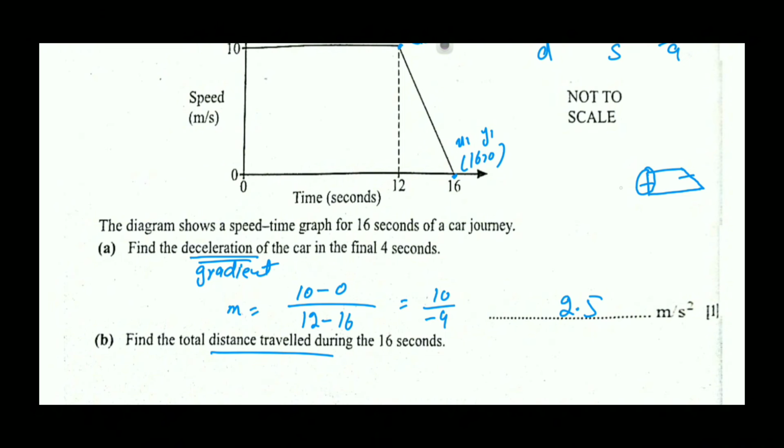Like if this is the height, this will be A, this will be B. The parallel sides' lengths will be A and B, and the opposite side of the slope side will be the height of the trapezium. Please be very careful while writing the values of A, B and H.